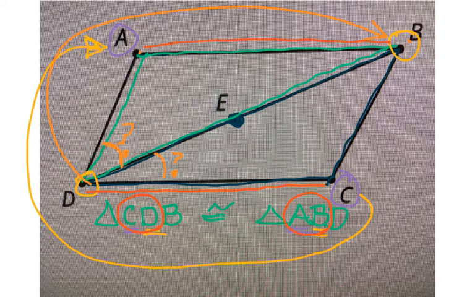It can't be, because this got rotated. Therefore, what is the angle that is congruent? This angle right here, and I'm going to make it yellow, angle ADB, is congruent to angle CBD.